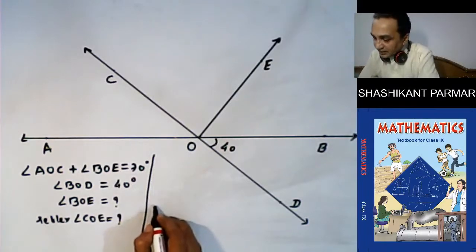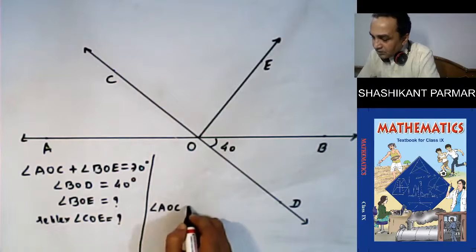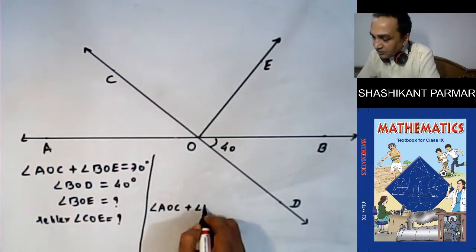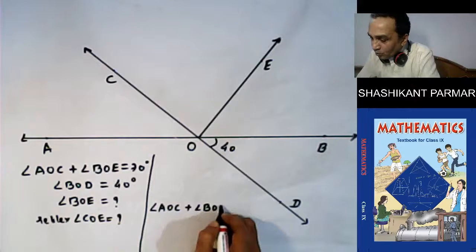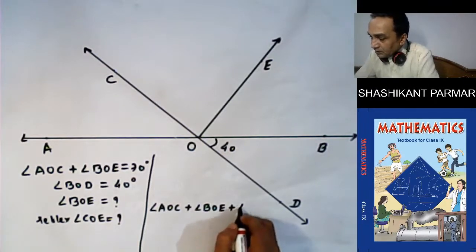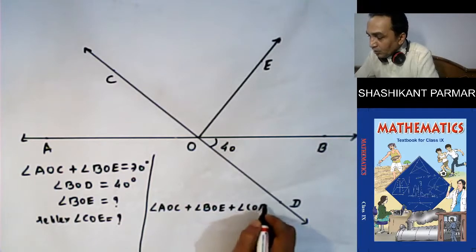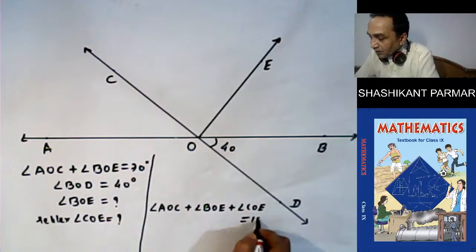It is clear that angle AOC plus angle BOE plus angle COE is equal to 180.